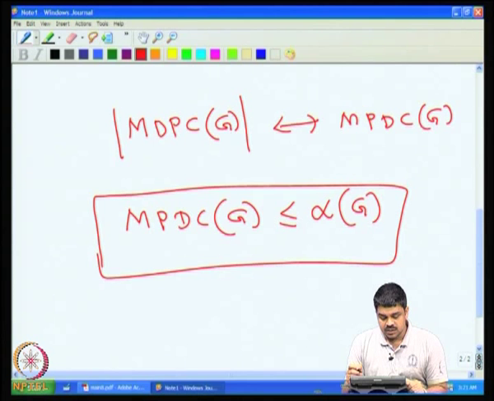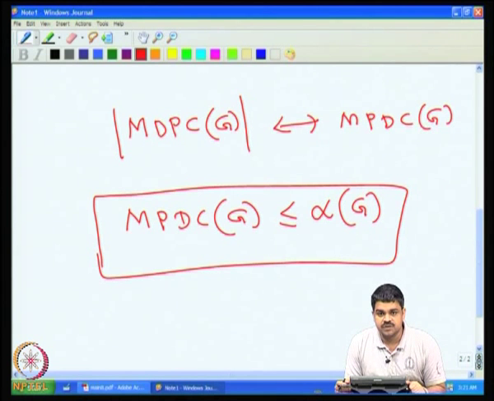But path cover can be different in a directed graph and an undirected graph. For instance, you are given a directed graph and you find a path cover of that. You have to cover the vertices of the graph with directed paths.